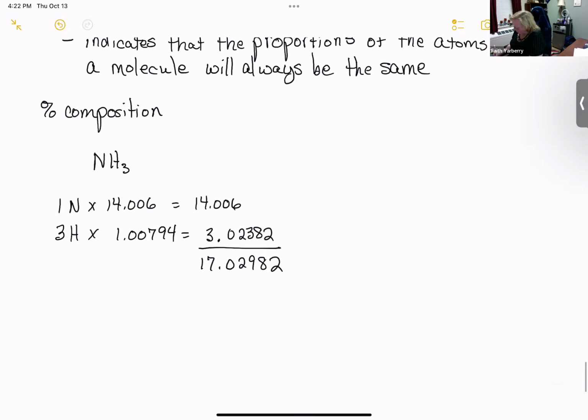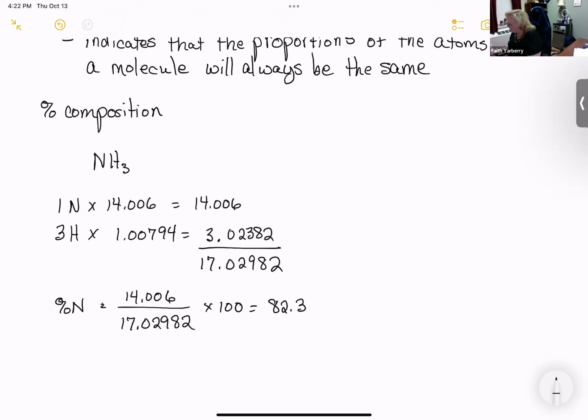Now, if we want to know the percent nitrogen in ammonia, we can take the mass of the nitrogen in the ammonia and divide it by the total mass of ammonia times 100, and we will get 82.3% nitrogen.